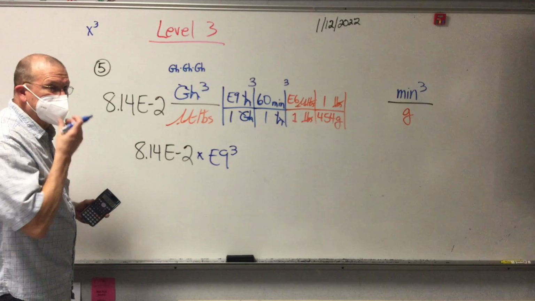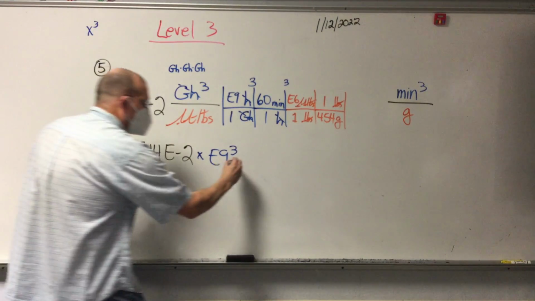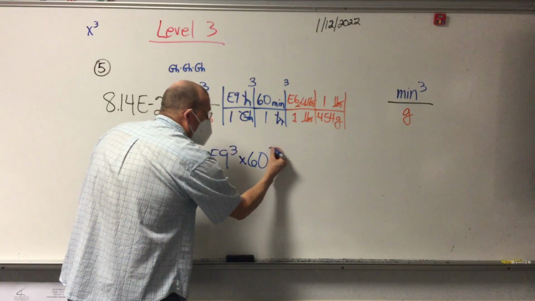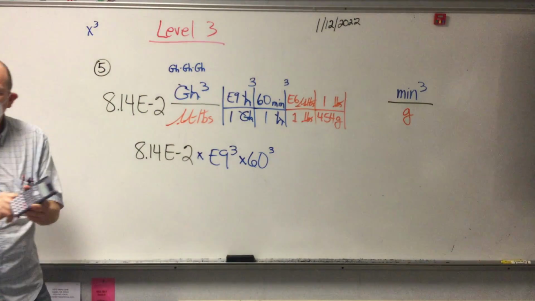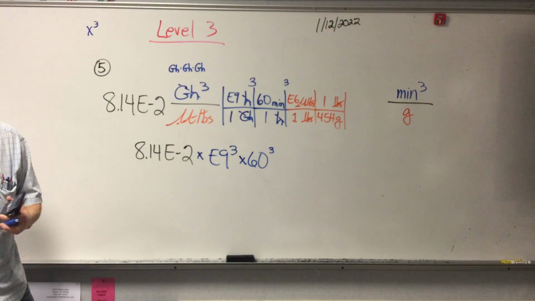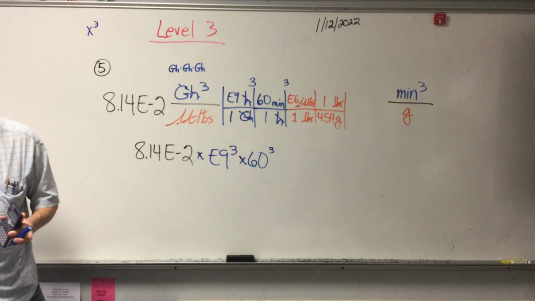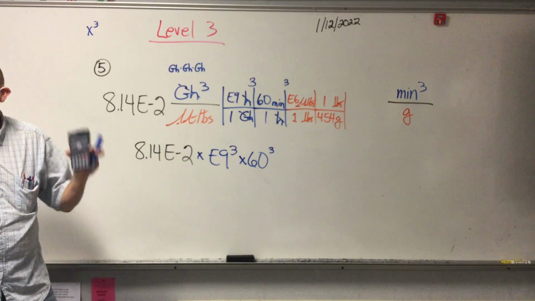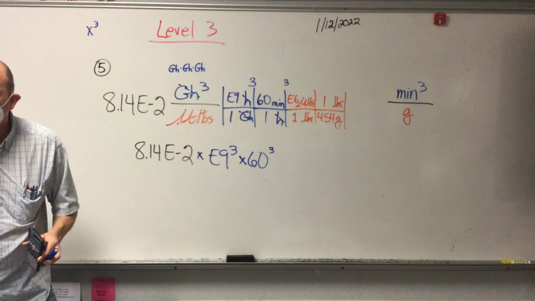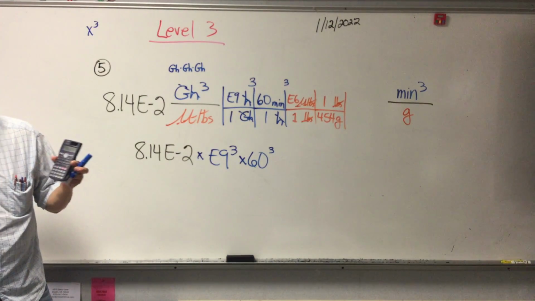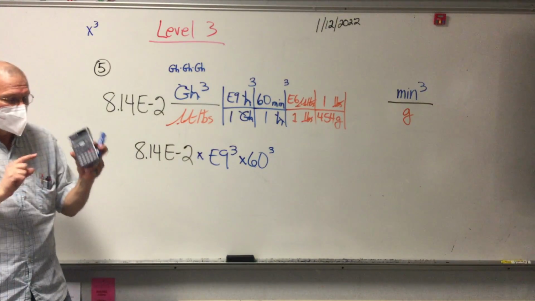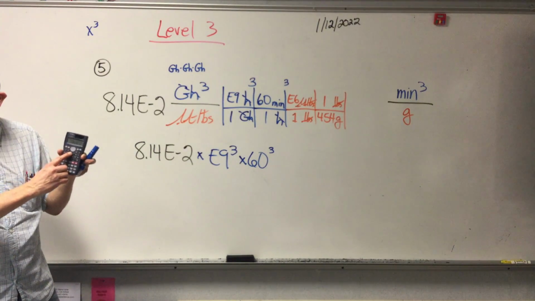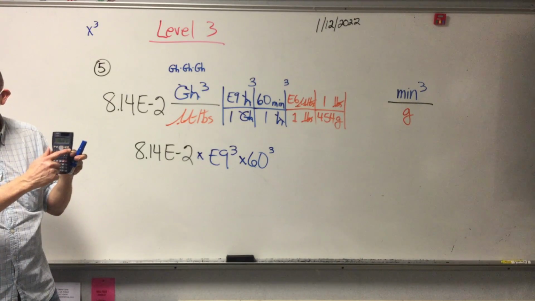What would we do next? You multiply by 60, and we have to hit that cubed button again. Okay, remember, when you're doing exponents, I will strongly discourage you from using that little caret button unless you use lots of parentheses. I have to leave you freedom if you like that caret thing, but one of the reasons I specifically chose this calculator is because it has an x squared button and an x cubed button.